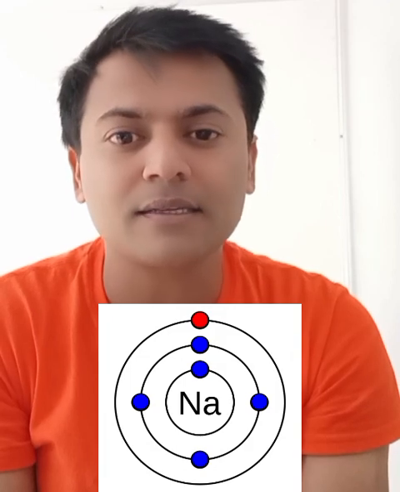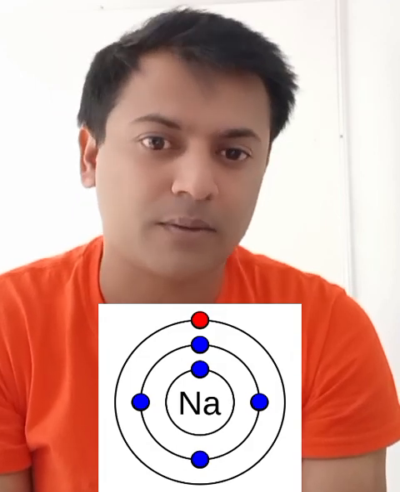We all know that one mole of any substance contains 6.022 multiplied by 10 to the power 23 atoms. So this is a mole. To remove the electron from 1 mole of sodium atoms in the gaseous state, the energy required is 496 kilojoule per mole.